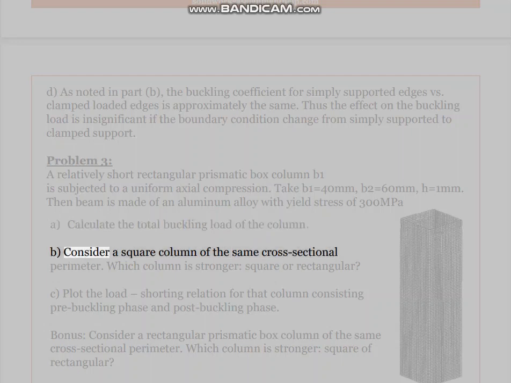B. Consider a square column of the same cross-sectional perimeter. Which column is stronger, square or rectangular? C. Plot the load-shortening relation for that column, including the pre-buckling phase and post-buckling phase. Bonus. Consider a rectangular prismatic box column of the same cross-sectional perimeter. Which column is stronger, square or rectangular?